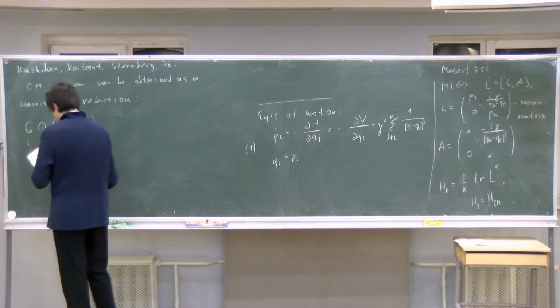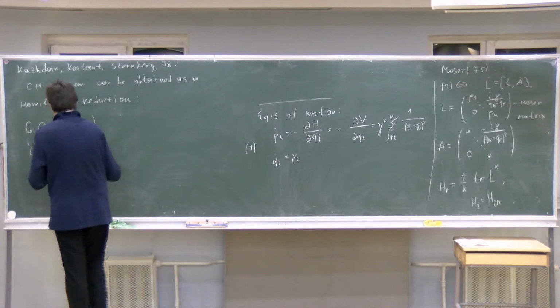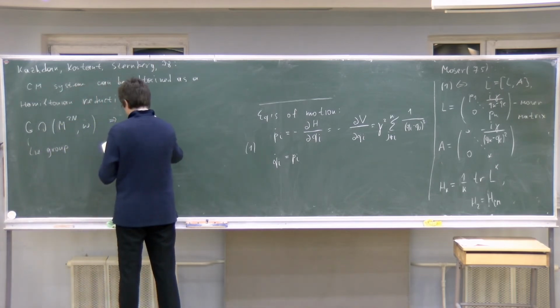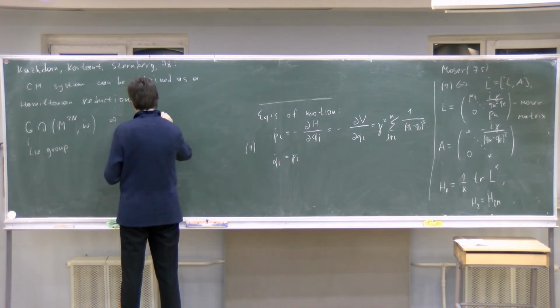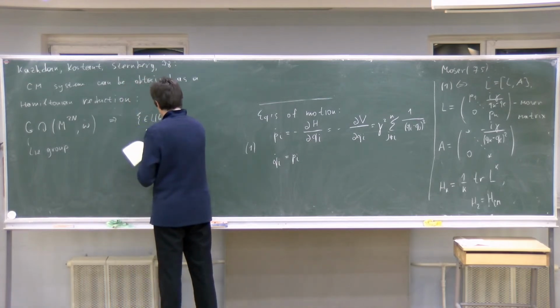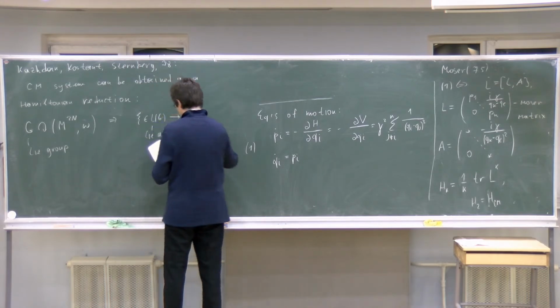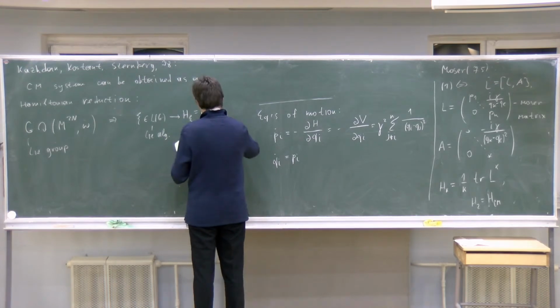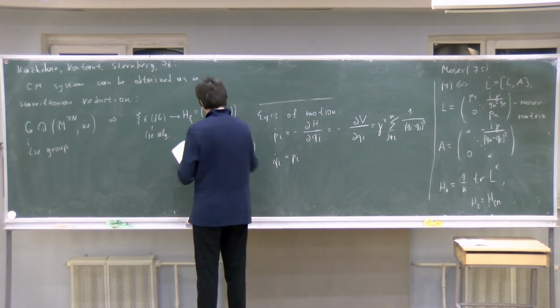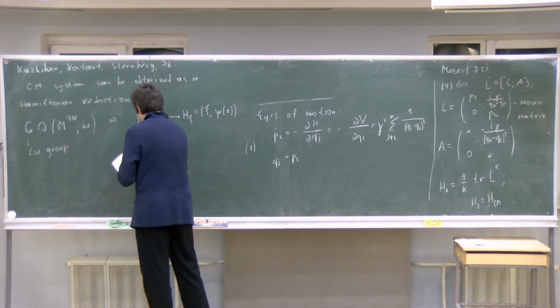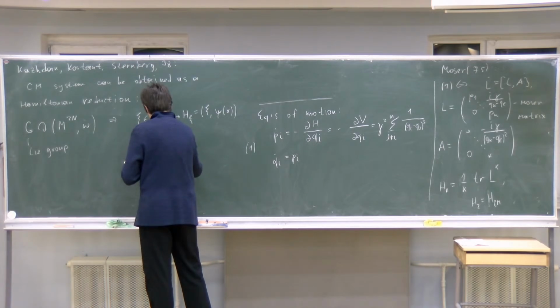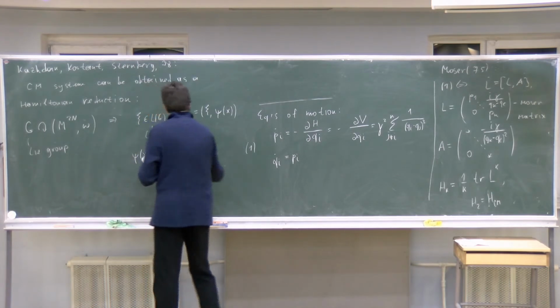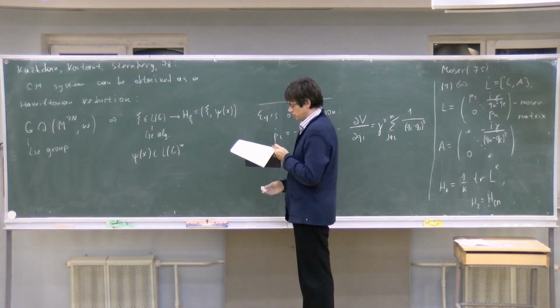If you have this action, then we have the map which sends each element xi of its Lie algebra to the Hamiltonian H_xi, which is defined just as a pairing between xi and psi(x), where psi belongs to the dual Lie algebra.